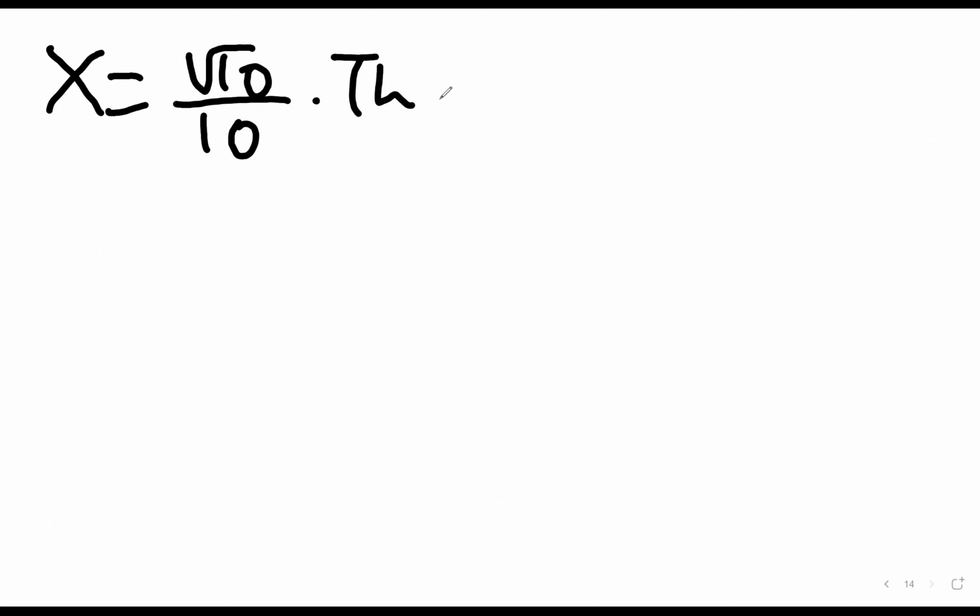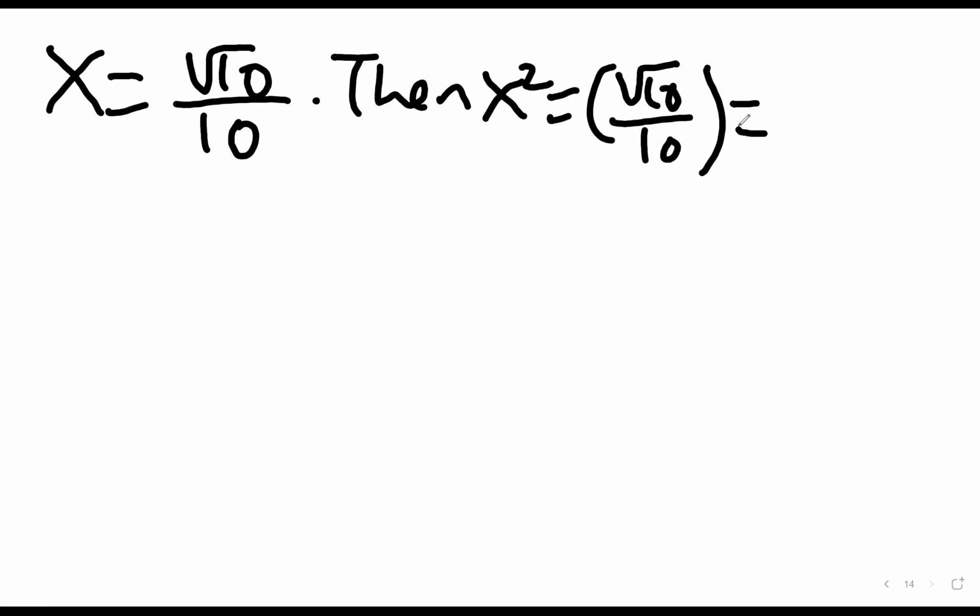Okay, so in this case, let x equal the square root of 10 divided by 10. Then x squared equals the square root of 10 divided by 10, squared.